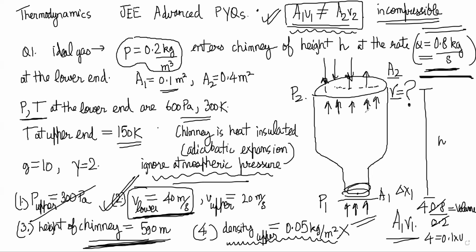Then you will also do work done by the gas, adiabatic work done, and work done by gravity. All of these should be equal to the change in kinetic energy of the gas. Basically, that's almost like doing the derivation of Bernoulli's.